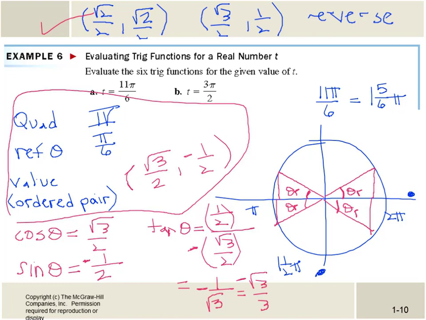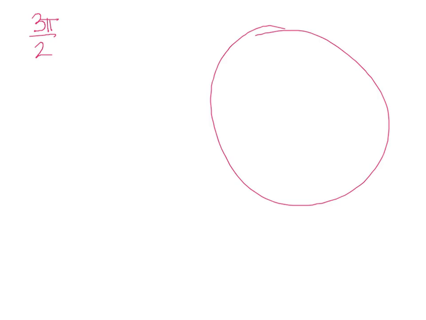Well, we're going to do the next one, 3 pi over 2. So here, let me get a new page. So 3 pi over 2. Where's 3 pi over 2 on my unit circle? Quadrant 3?